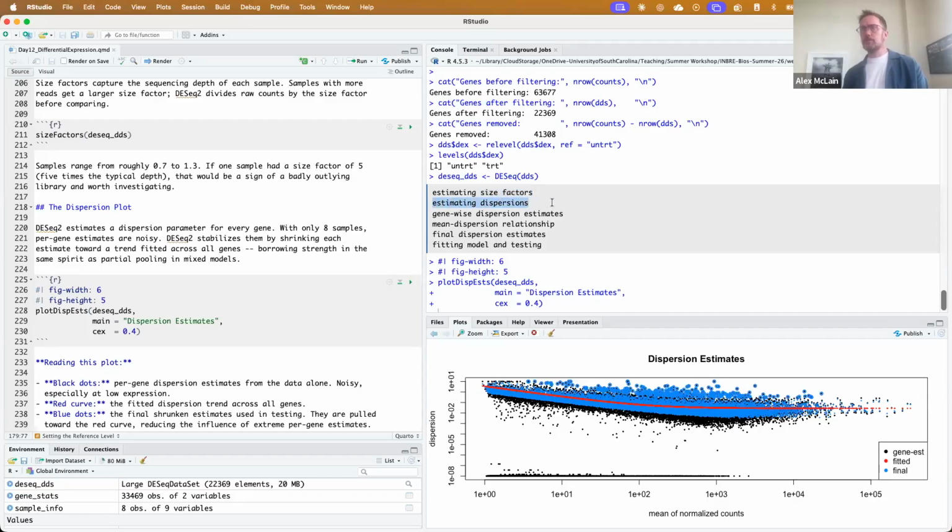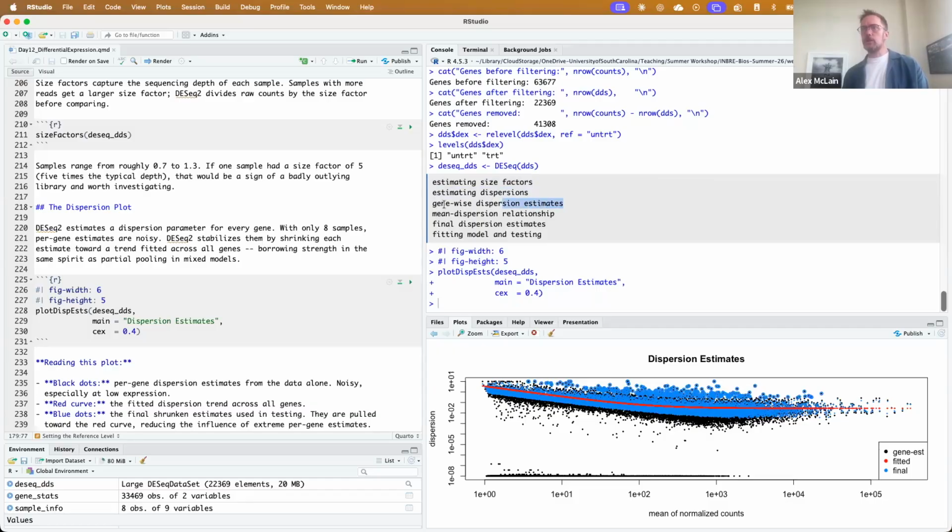Estimating dispersion, gene-wise dispersion estimates. Then we're doing the mean dispersion relationship right here. That gives us the final dispersion estimates. And then we fit the model and we test. These beginning steps are usually what takes most of the time, but this runs relatively quickly.